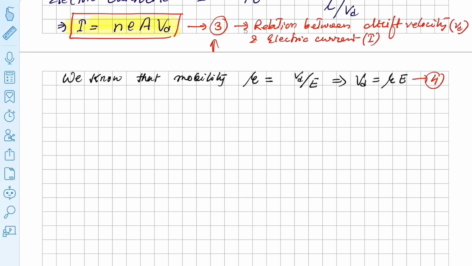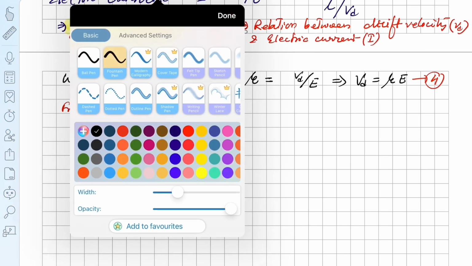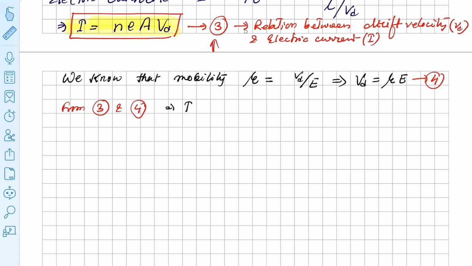If we use this in equation number 3, from equation 3 and equation 4 we are going to have I is equal to n e A, and instead of Vd we write mu E. So this is the relation between electric field and electric current in terms of mobility, mu.